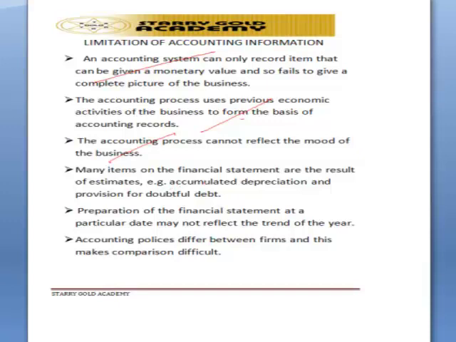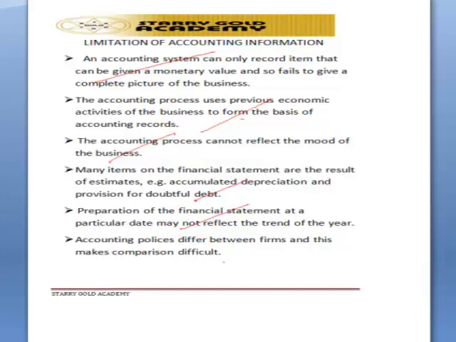For instance, the accumulated depreciation and the provision for doubtful debts. They are estimates. The preparation of financial statements at a particular date may not reflect the trend of the year. Maybe towards the later months of the financial accounting period of the company, the business booms.